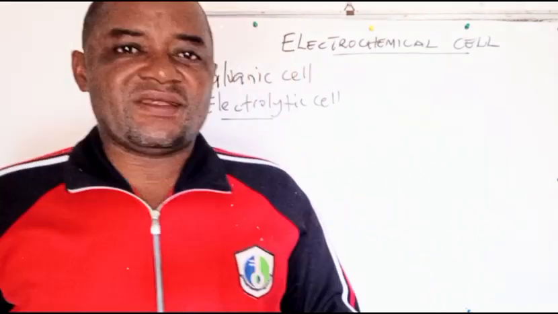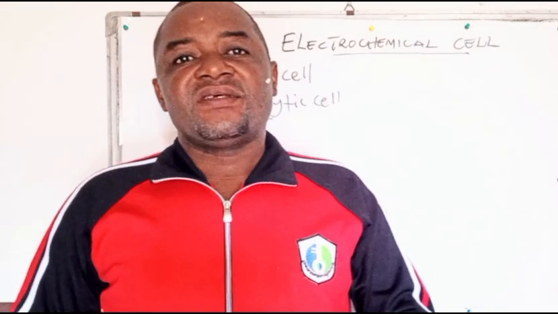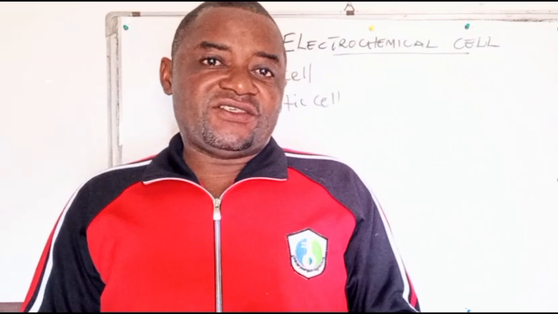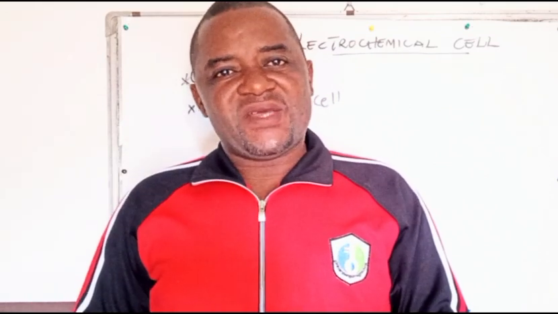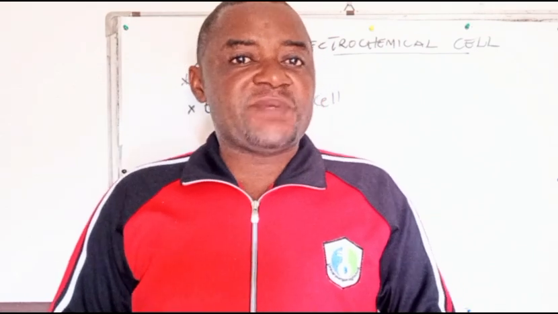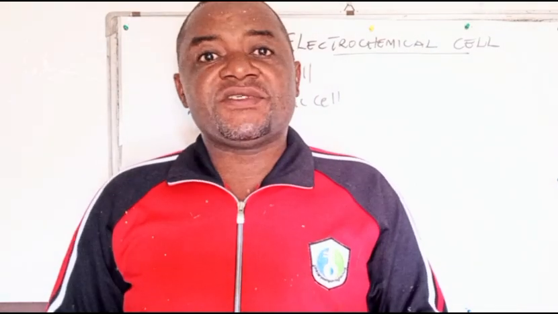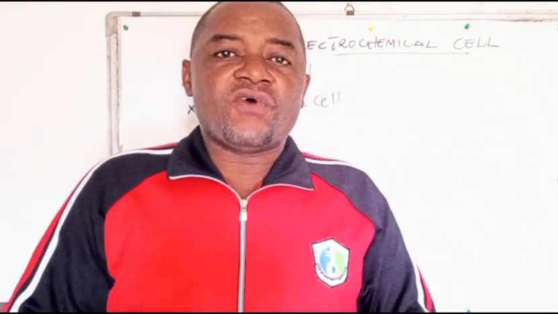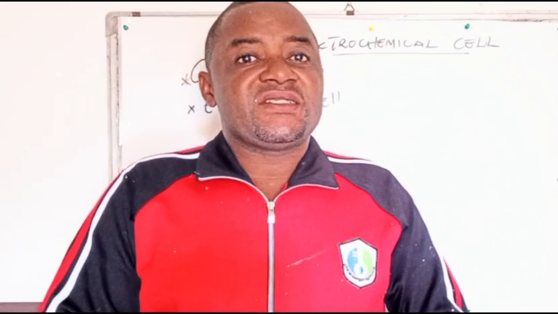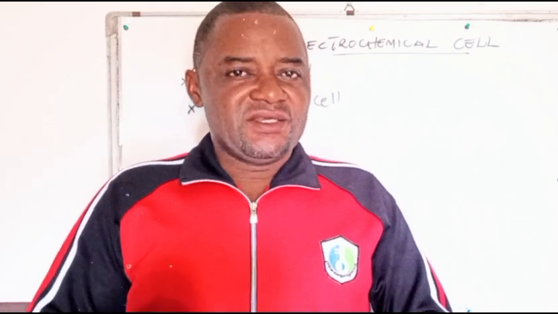So in this, we say that for an electrolytic cell, there is rather a conversion of what? Electrical energy into what? Chemical energy. And in this situation, redox reactions that take place in this kind of electrolytic cell are always non-spontaneous. And that is the reason why they involve what? A little supply of electricity or current for the chemical reactions in the system to take place.